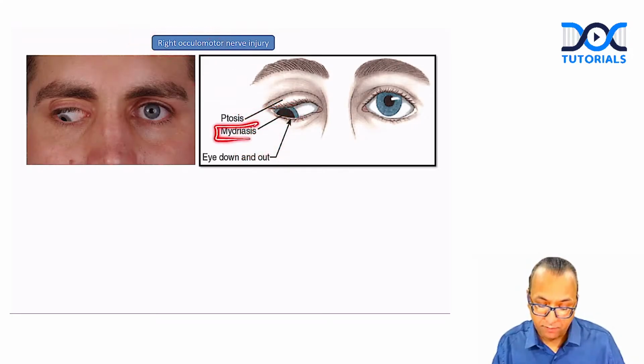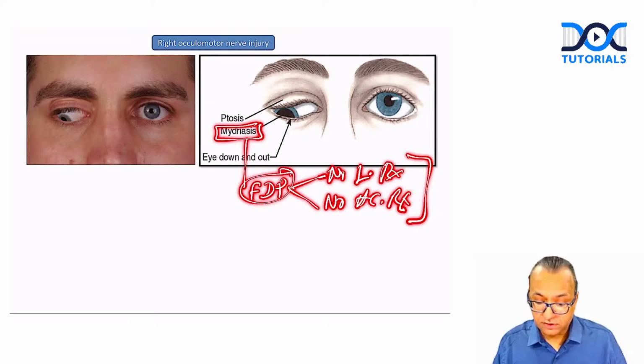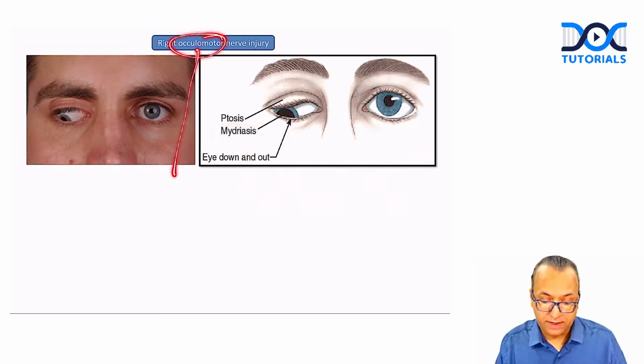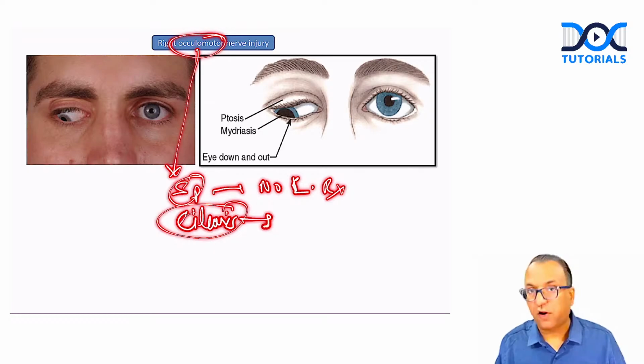Why is there mydriasis? Why is there a fixed dilated pupil? There is no light reflex and there is no accommodation reflex. Why? Because the third nerve is not working, so the sphincter pupillae is not working, so no light reflex. And the ciliaris is not working, which normally increases the lens convexity for accommodation reflex.